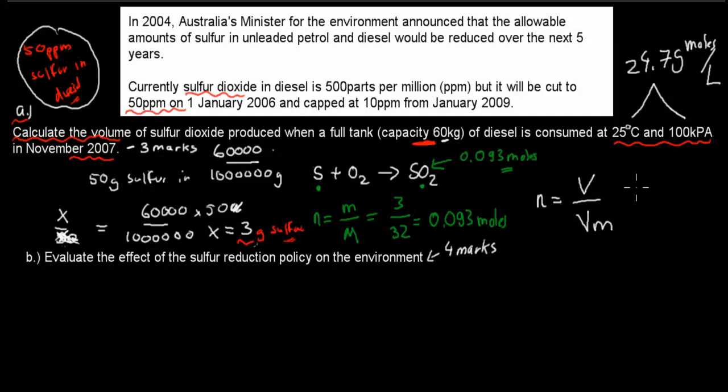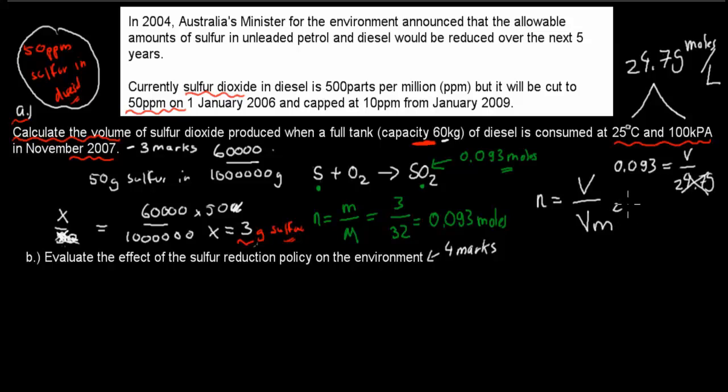You've got 0.093 for our moles. So n, that was 0.093, equals V, which is what we want, our volume, divided by our molar volume, 24.79. So if we multiply both sides by 24.79, this will be gone, and we have it on the other side.